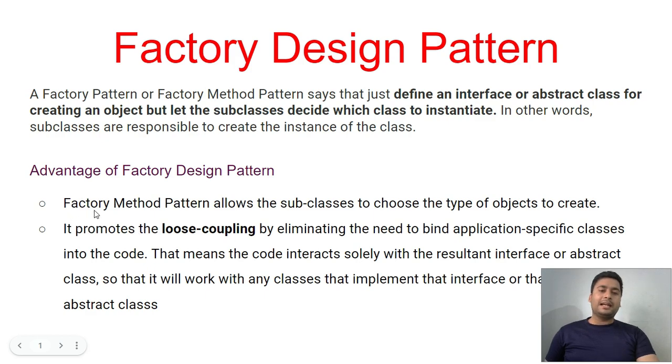Based on the type we pass, the factory class will give us the object. It promotes loose coupling by eliminating the need to bind application-specific classes into the code. That means the code interacts solely with the resultant interface or abstract class, so that it will work with any classes that implement that interface or abstract class.